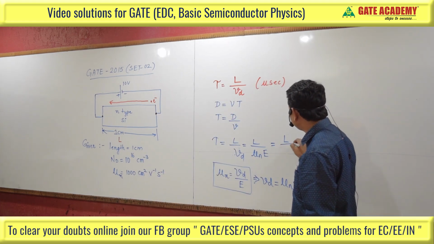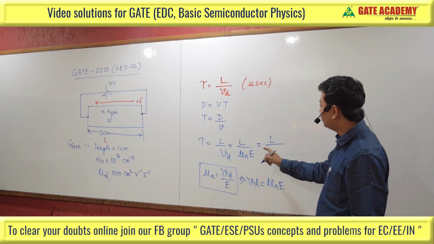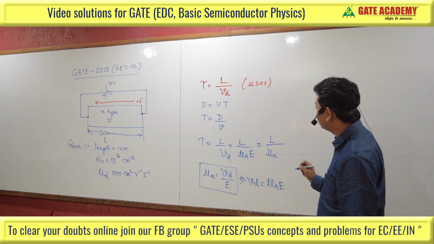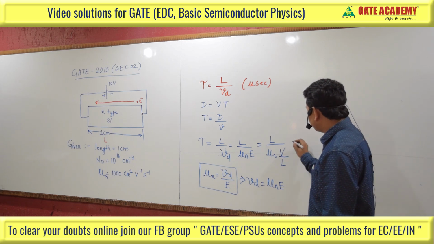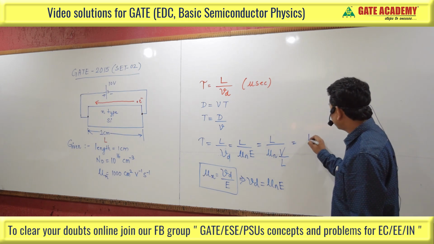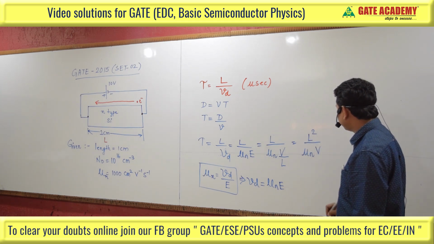This is length divided by the mobility, and since we know the relationship between the electric field and the voltage, we can use that. The electric field is equal to the voltage applied divided by the length of the semiconductor. So by using this we can extend it, and this is L square divided by mu n times the voltage applied.